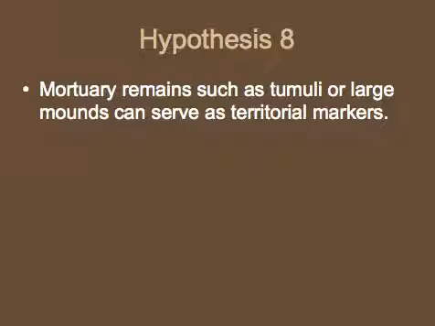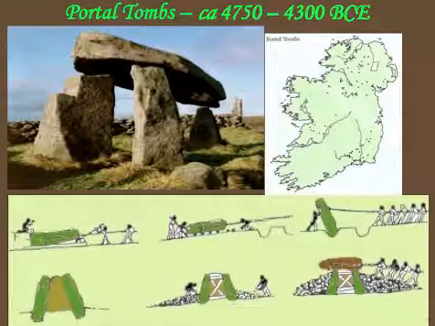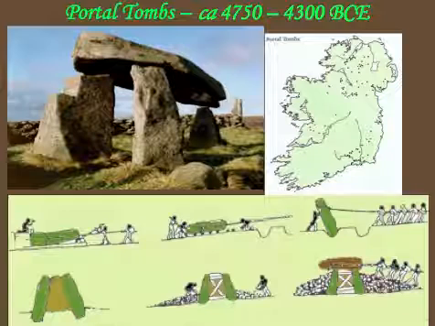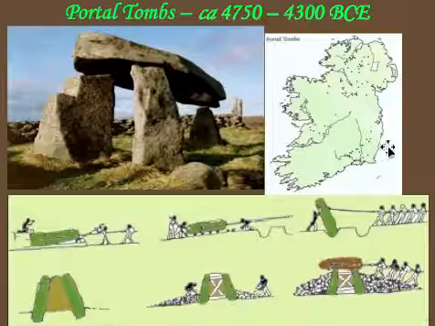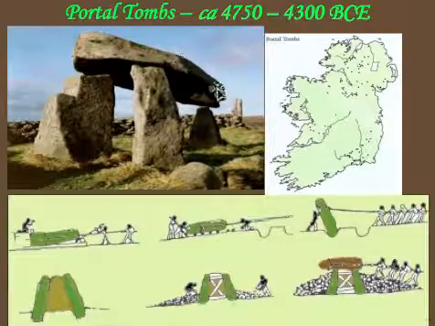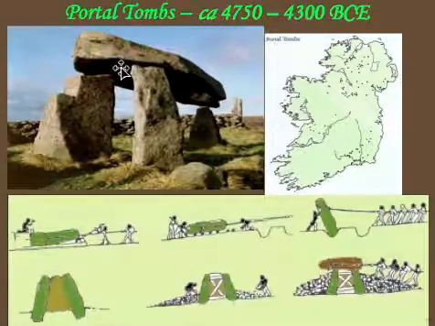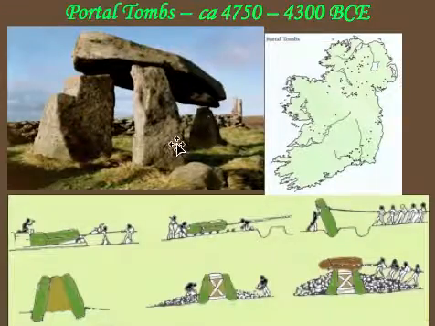Okay, another hypothesis they came up with is that visible tombs, mortuary remains, can actually serve as territorial markers for villages. That is, and you can still see these megalithic tombs in Europe. Village communities can mark their territory by creating a large communal tomb that was visible on the landscape.